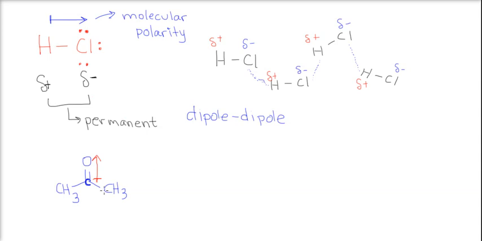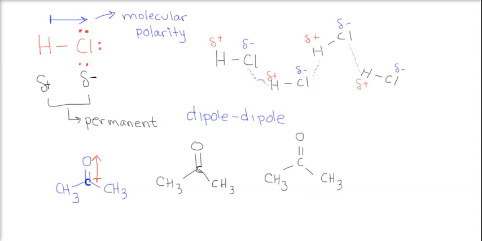And so again, with acetone, we're going to have an oxygen, which is partially negative. If we draw in our partial negative and partial positive charges, we're going to draw just two of these molecules here.